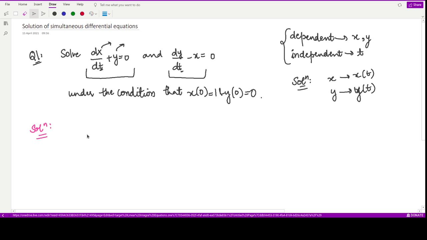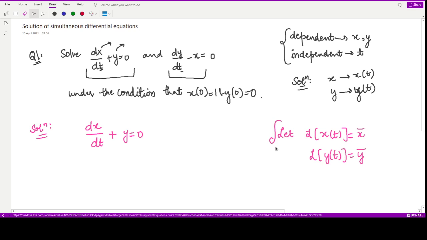For the solution, we will first consider the first equation, dx by dt plus y is equal to 0. Now let the Laplace transform of x of t be x bar, and the Laplace transform of y of t be y bar.